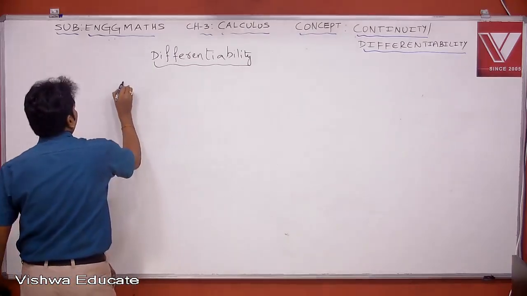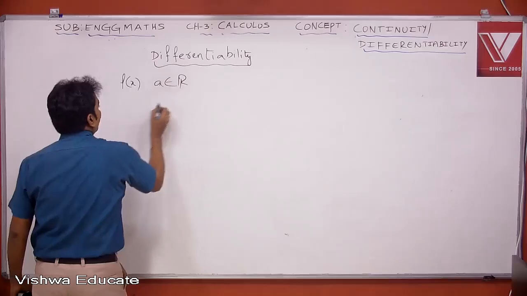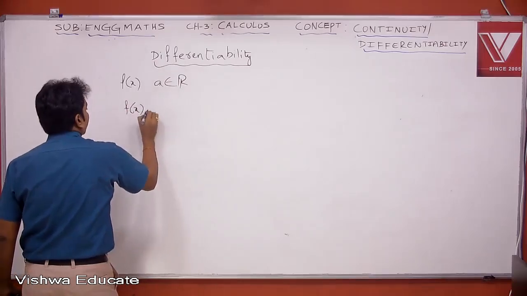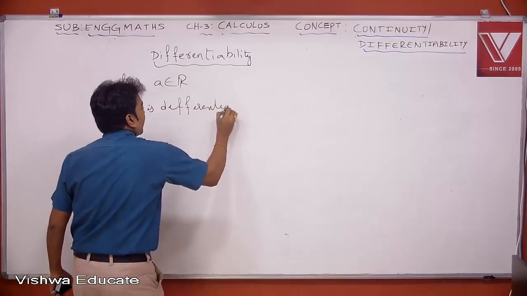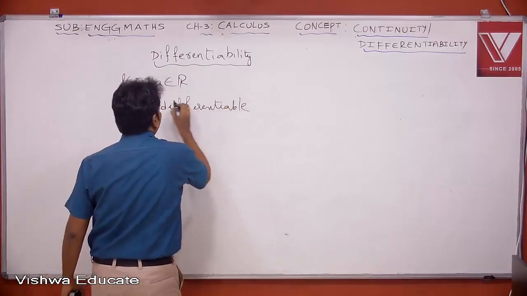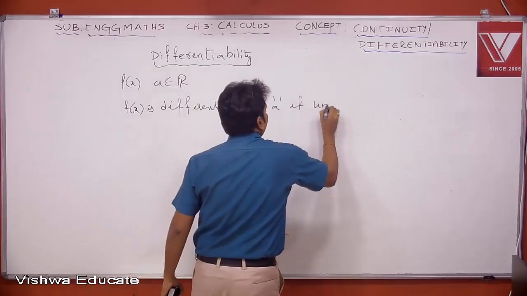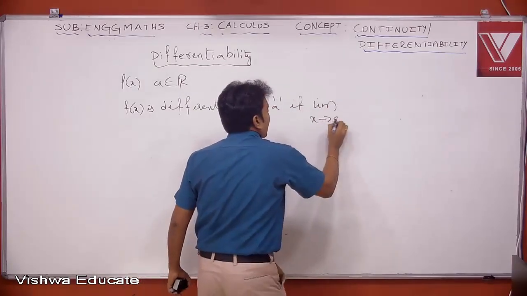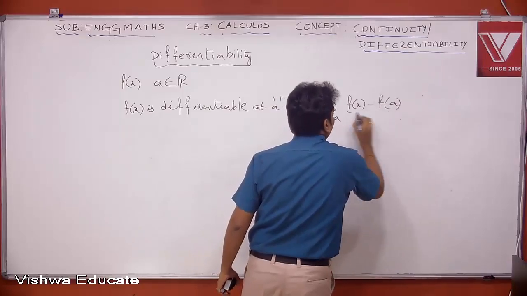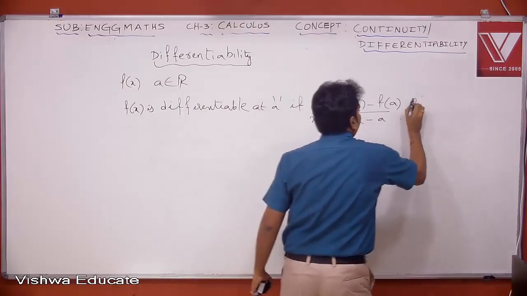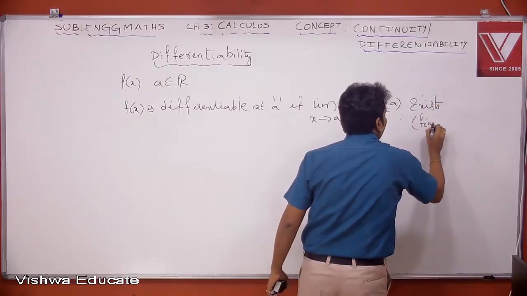Suppose we have a function f of x and a is a real number. We say that f of x is differentiable at a if the limit as x tends to a of f of x minus f of a divided by x minus a exists. Exists means it is a finite number.